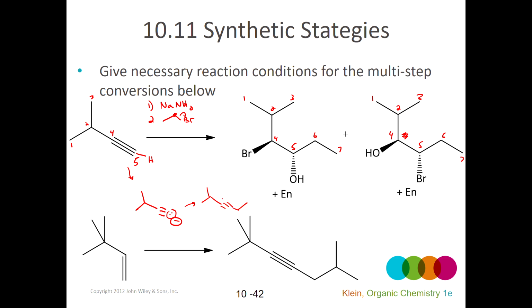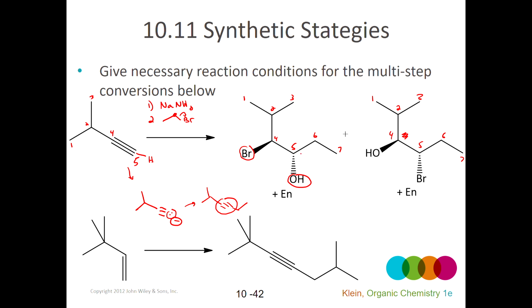So then I have to figure out how to add across a triple bond in a way that will give me this particular stereochemical outcome. I'm trying to add a Br and an OH, and I want them to be anti with respect to one another. So how do I get anti-addition of Br and OH?